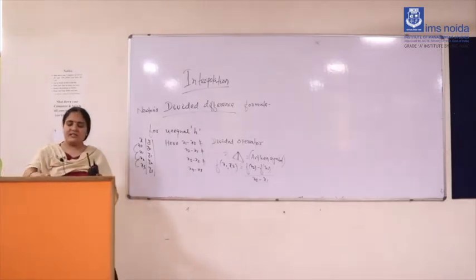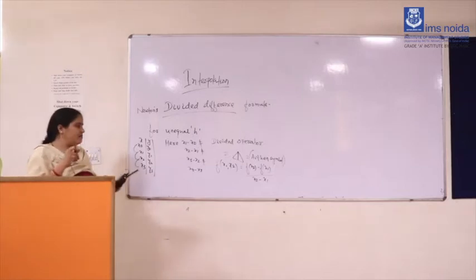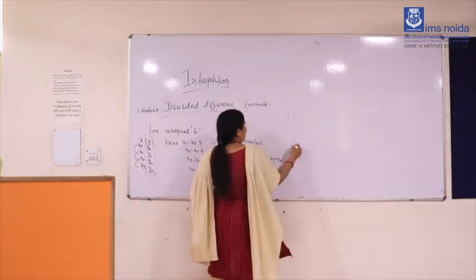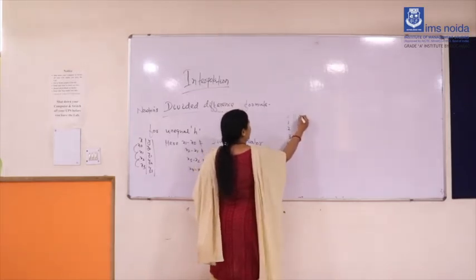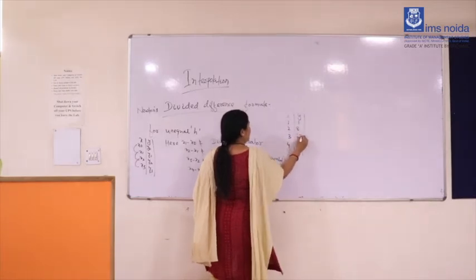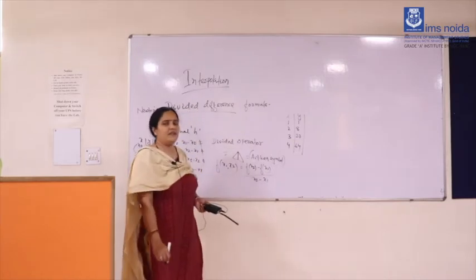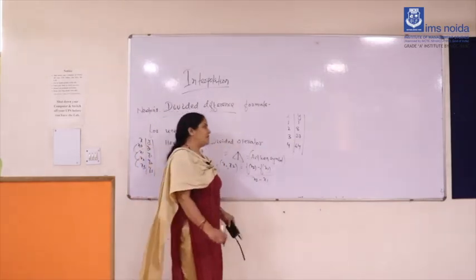First we'll discuss one problem. Suppose in the x column you have 1, 2, 3, 4 and in the y column 1, 8, 27, 64. These are the data given, and we have to apply Newton's divided difference formula.